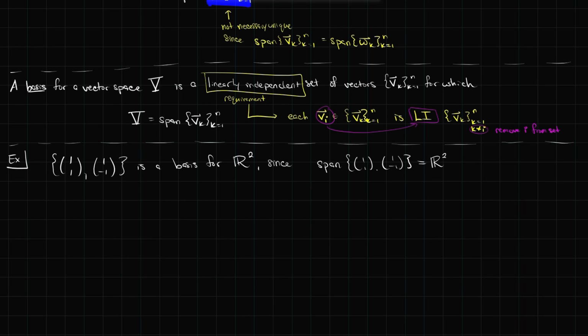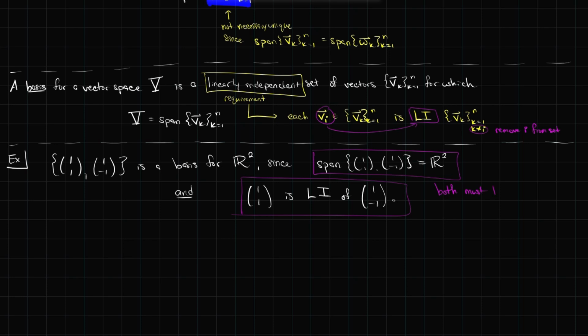Now, I haven't proven that to you yet, but I maybe will in the worked examples section. So the span is equal to R2, and this is very important, (1,1) is linearly independent of (1,-1). So you need both properties to be true. Both must be true for a basis.